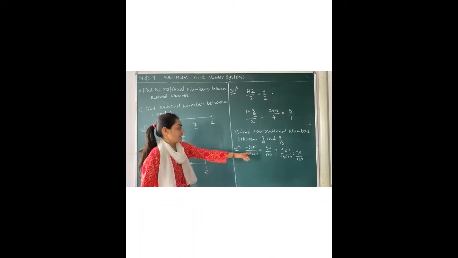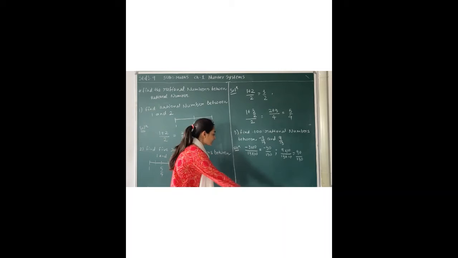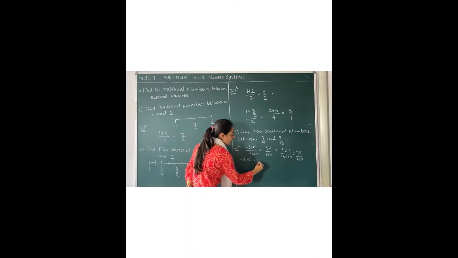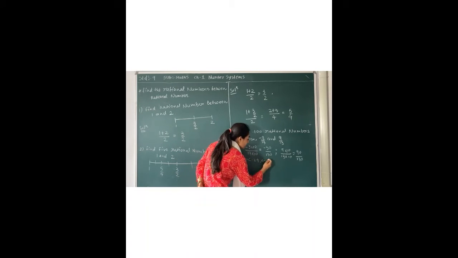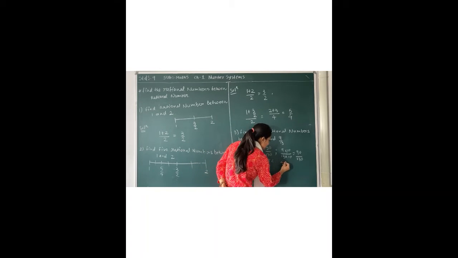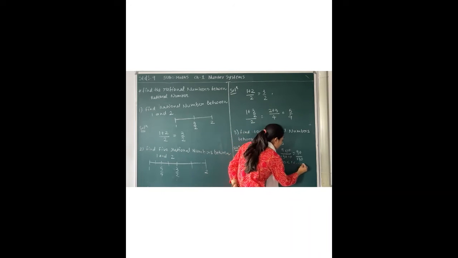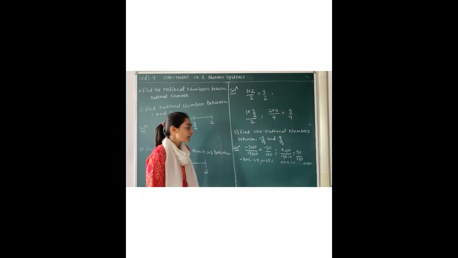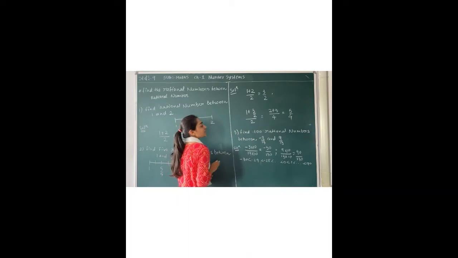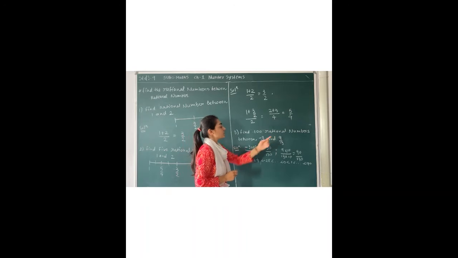We know that minus 30 is less than minus 29, less than minus 28, and so on, less than 0, less than 1, and so on up to 90. Similarly you can write 100 rational numbers between these two numbers.